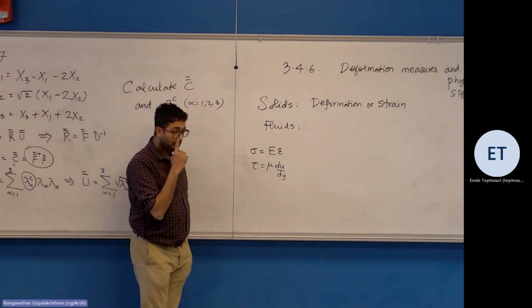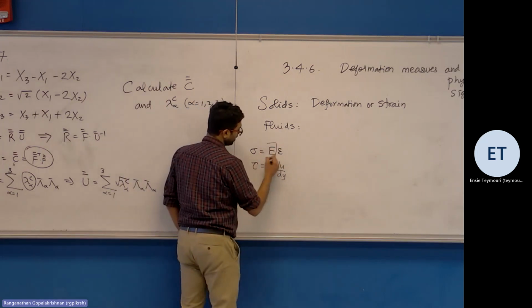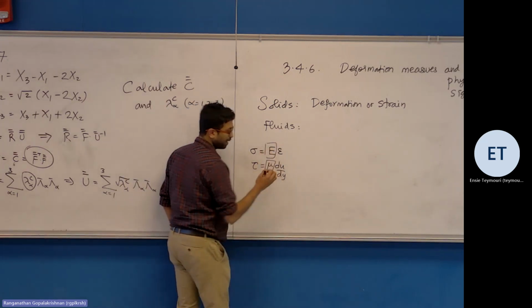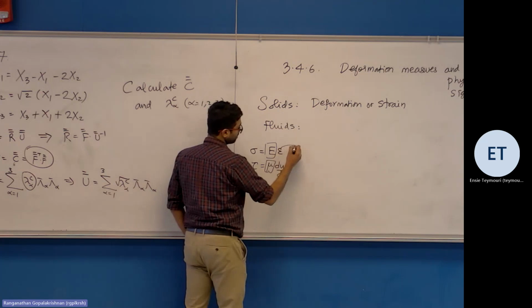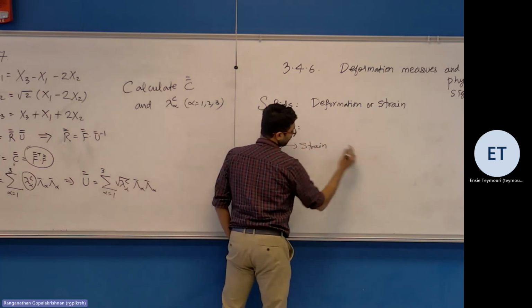E is Young's modulus, and mu is viscosity, that is the material property. What is epsilon? Epsilon is strain. And strain is typically defined as change in length divided by original length.